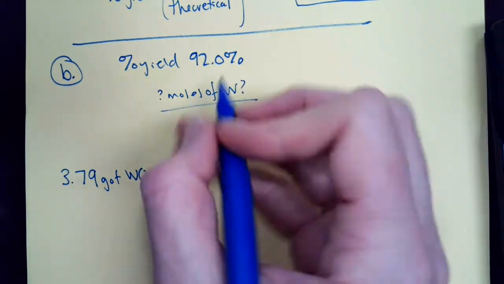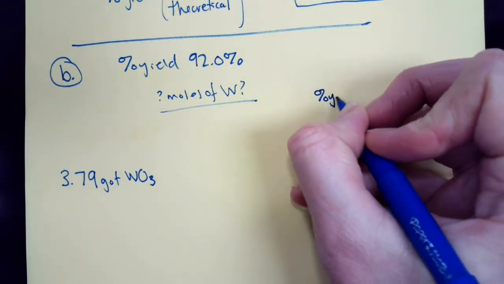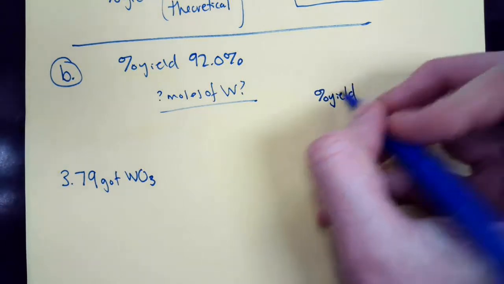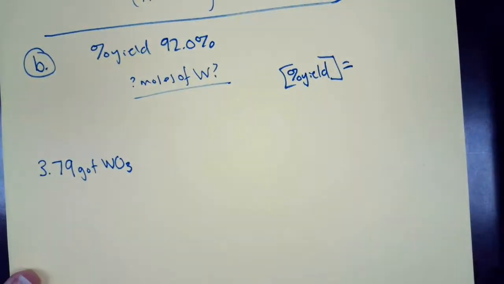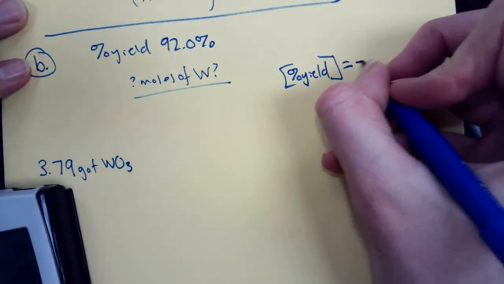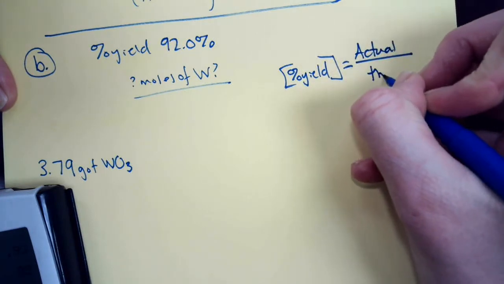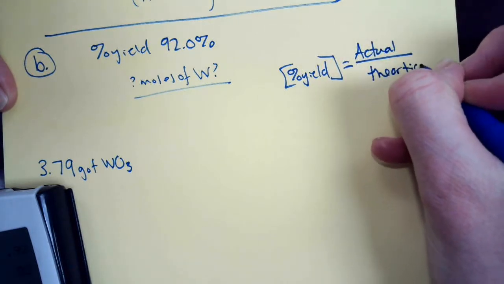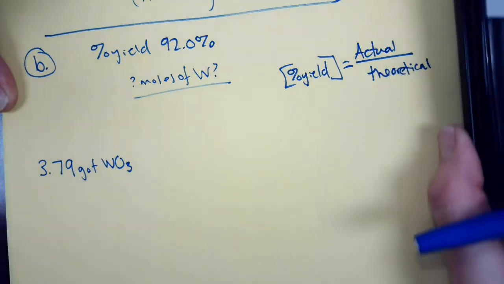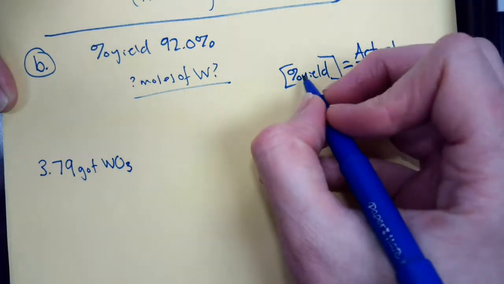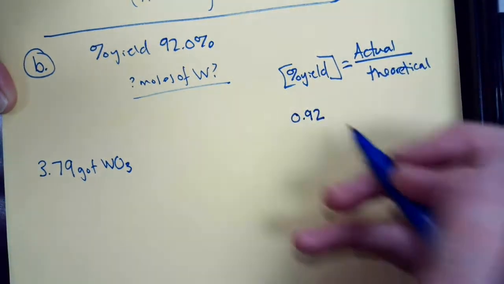So this is what we're looking for, given this, and in our relationship, the percent yield written as a number is going to be equal to the actual yield divided by theoretical. So as long as I have any two, I can figure out the third with a little bit of algebra. So my percent yield as a number is 0.92. So you just divide by 100 to get it back.